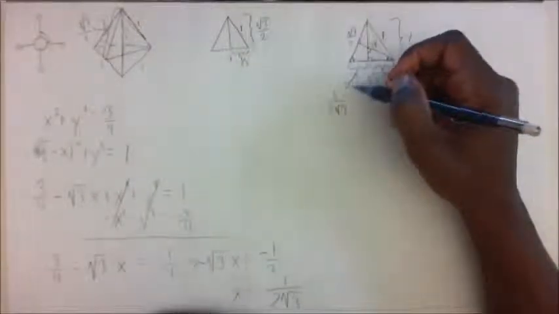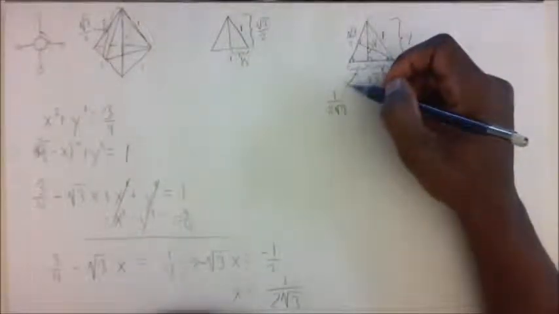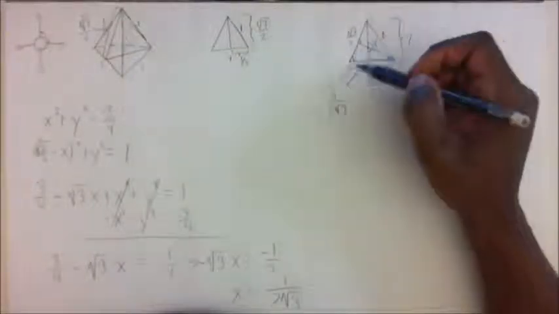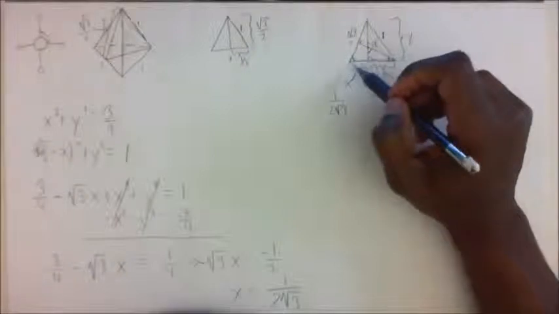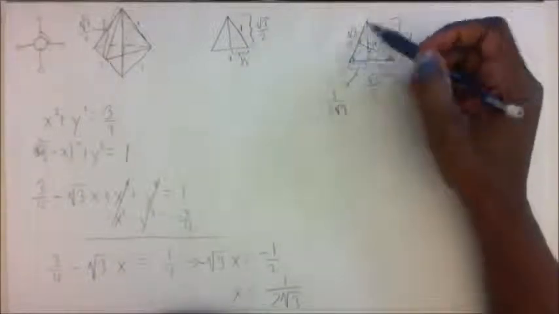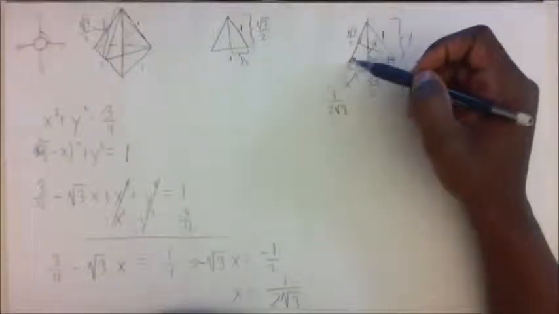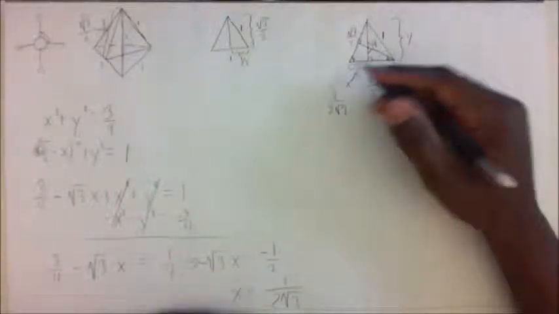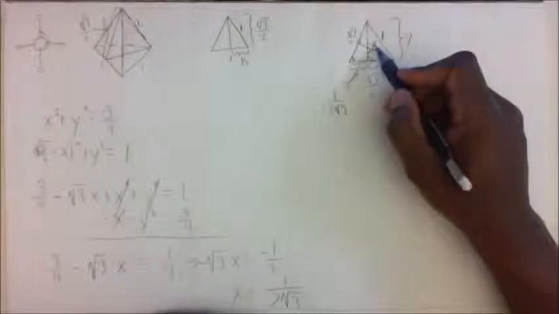Now, if x is equal to 1 over 2 times the square root of 3, we know that this length divided by that length is the cosine of this angle. And mind you, this angle is 180 degrees minus alpha.